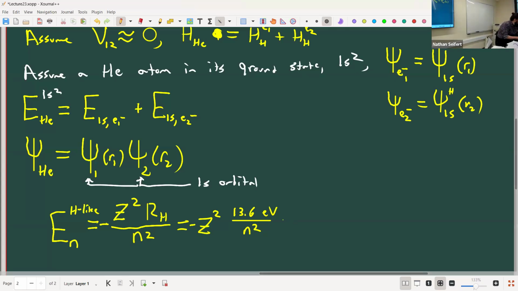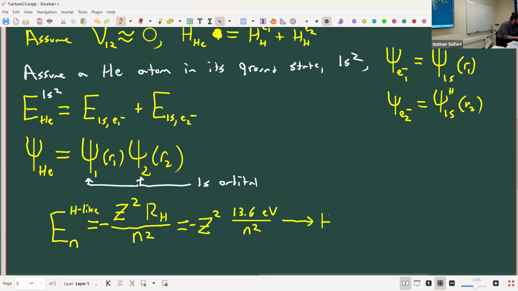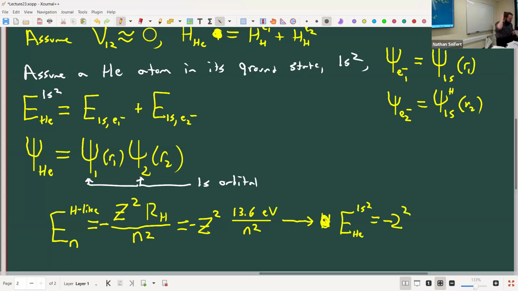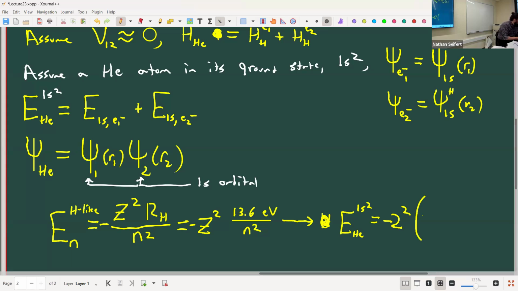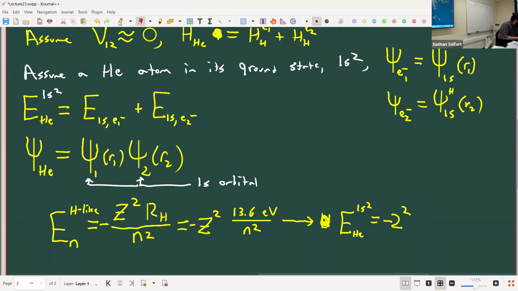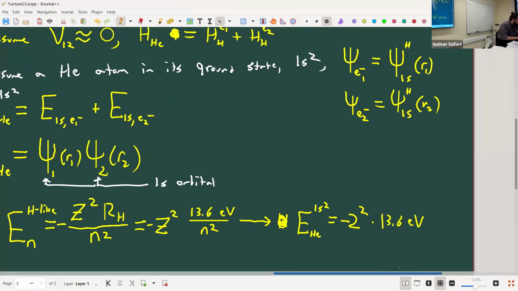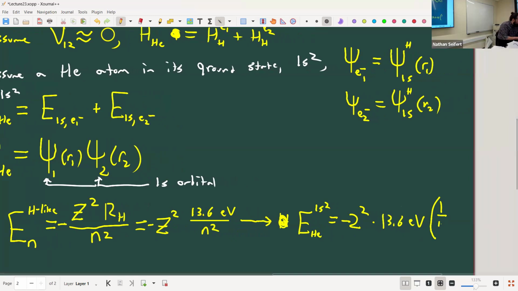So for helium, then, the energy of the helium atom in the 1s2 state in this prediction would be minus 2 squared, because Z is 2, because there are 2 protons, times 13.6 eV, times 1 over 1 squared plus 1 over 1 squared.